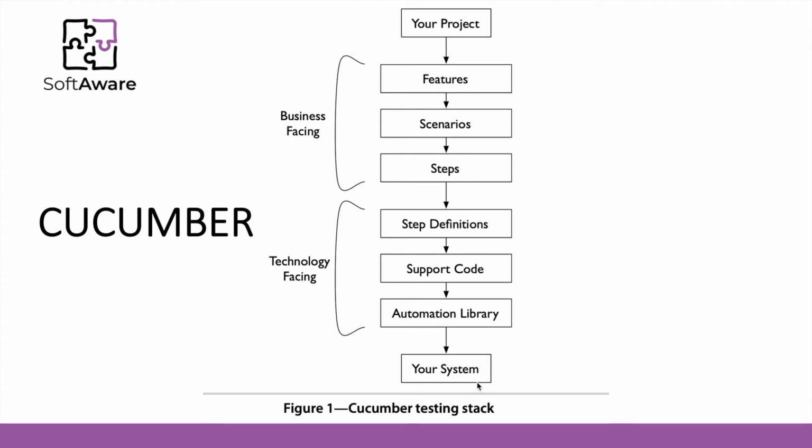So the first 3 steps are business oriented and everyone understands them. The last 3 steps are technology oriented and they should be ensured by developers, testers, or someone that has specific knowledge on how to do this.